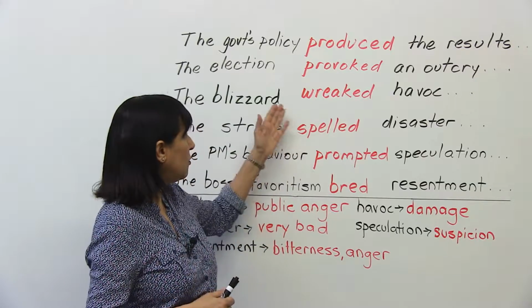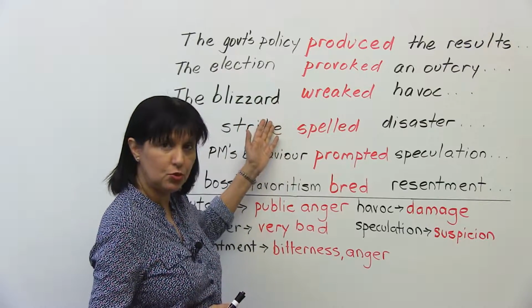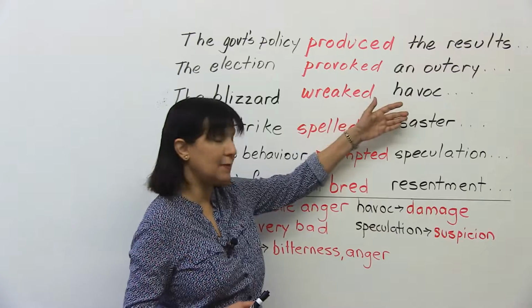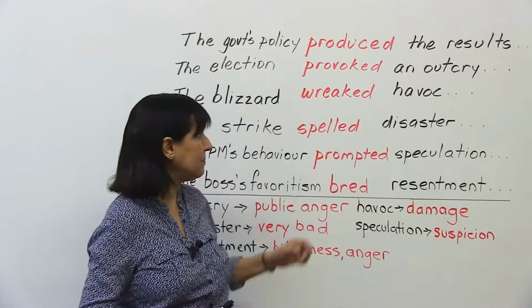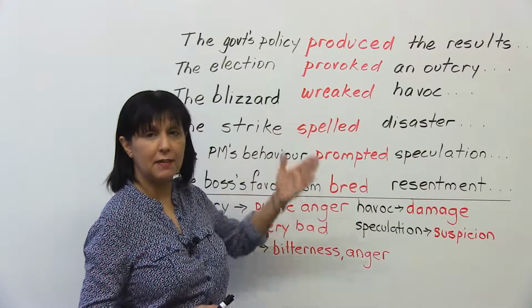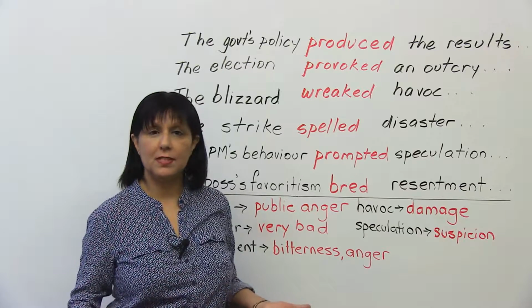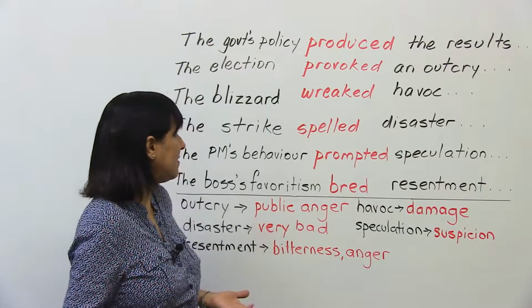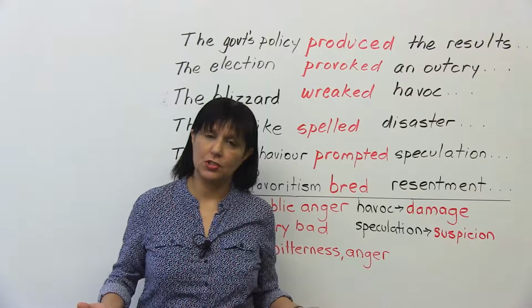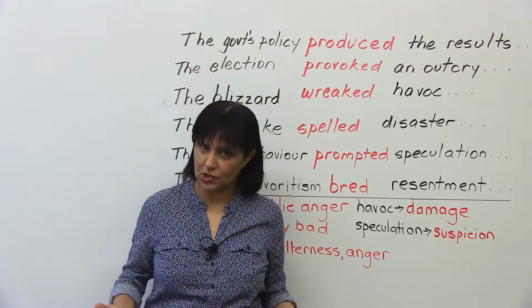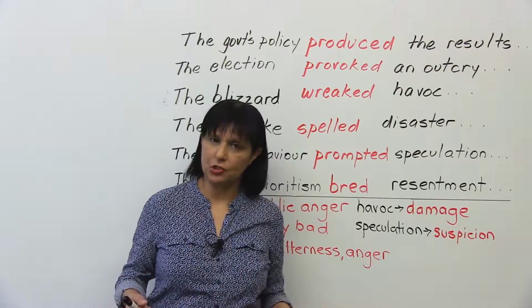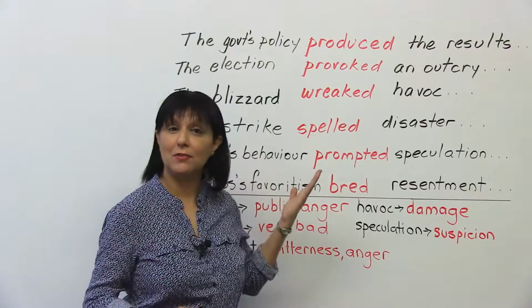Okay? So the blizzard, the very heavy snowstorm, caused a lot of damage and destruction on the highway. So it wreaked havoc. Now, of course, you could always say the blizzard caused a lot of damage or the blizzard caused a lot of destruction. And that's fine. That's correct English too. But this is better English.